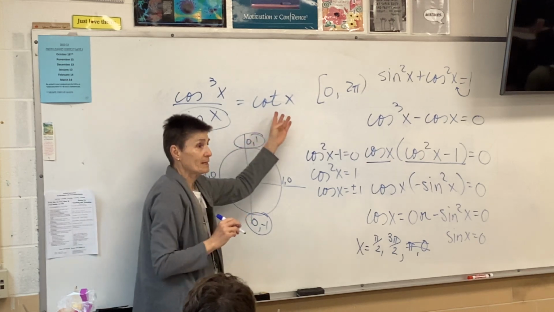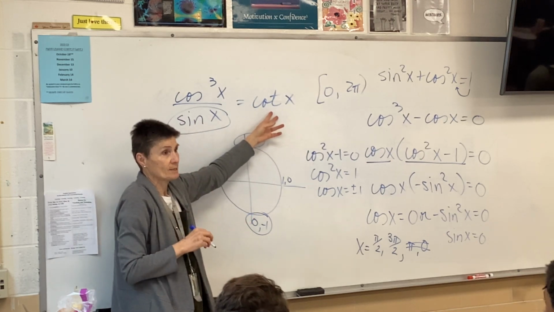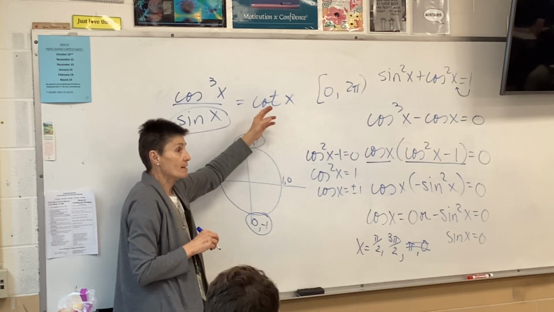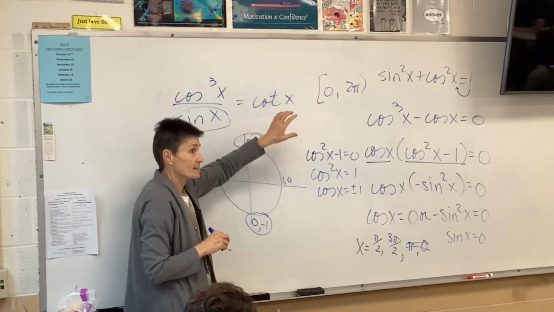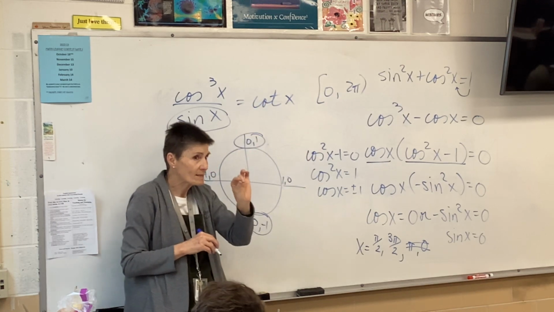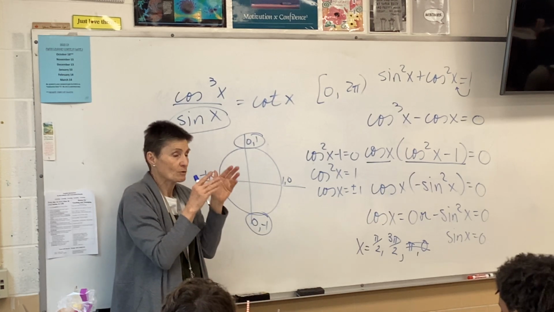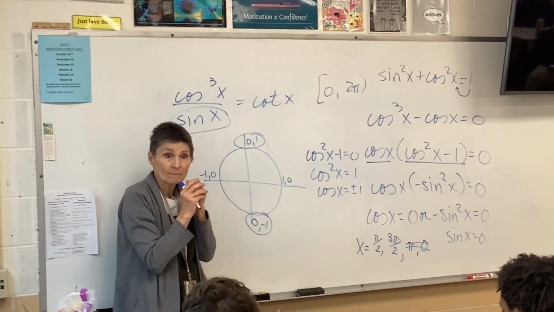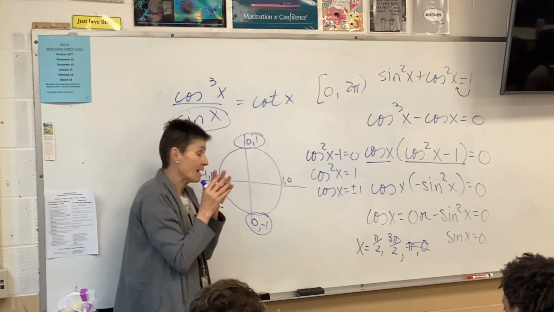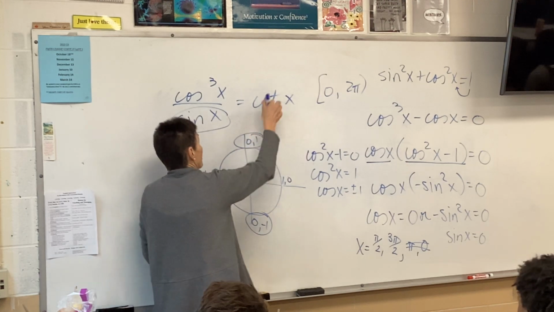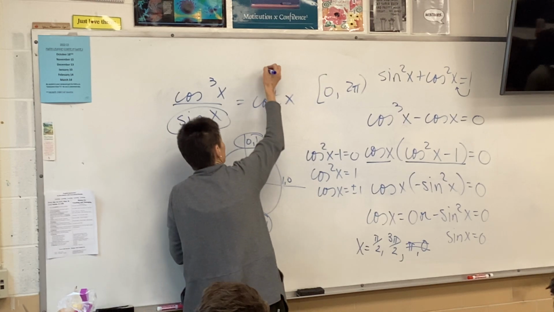Now, you also need to worry about the other functions, not sine or cosine, because don't all the rest of them have asymptotes in their pictures? Yes. And if there's asymptotes, they're undefined in some places, and we can't have answers where they're undefined. So cotangent is undefined where?